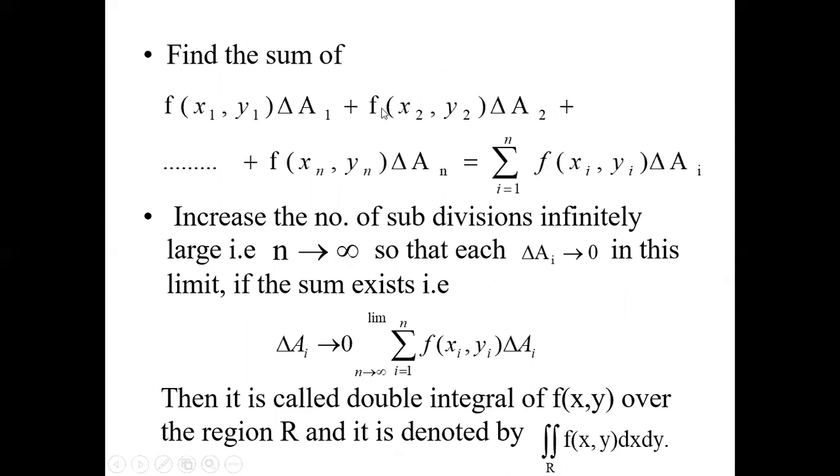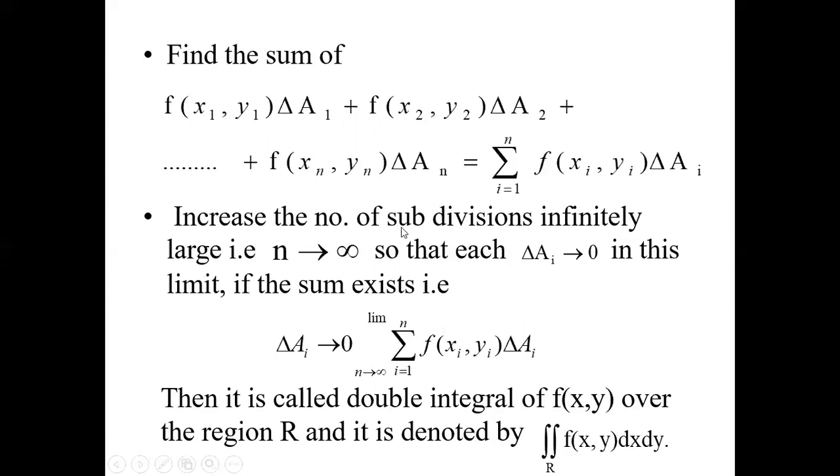Then this is f of x2, y2 delta A2, up to f of xn, yn multiplied by delta An. You can write this summation as sigma i equals 1 to n of f of xi, yi delta Ai.